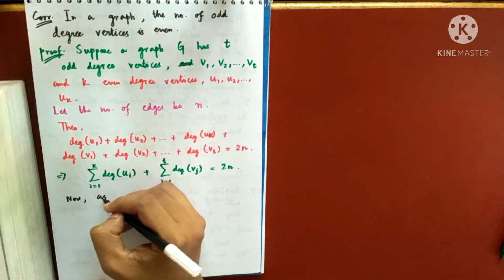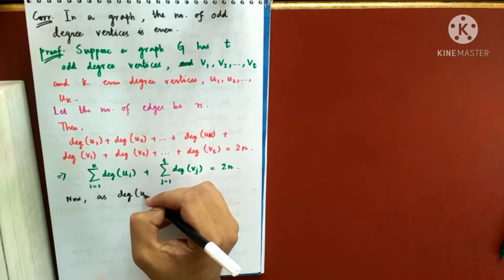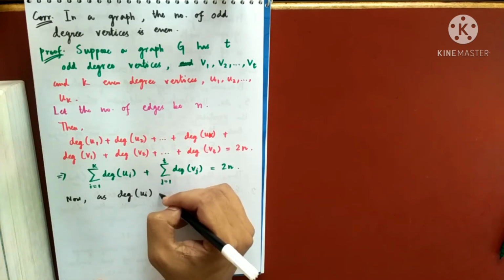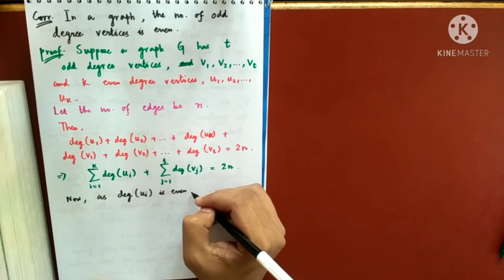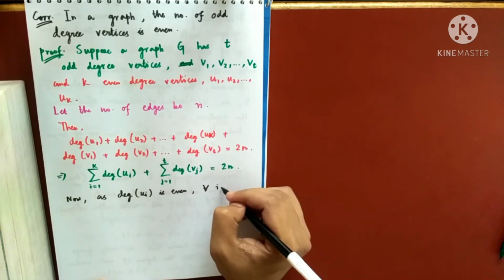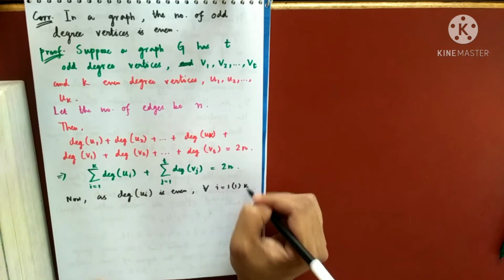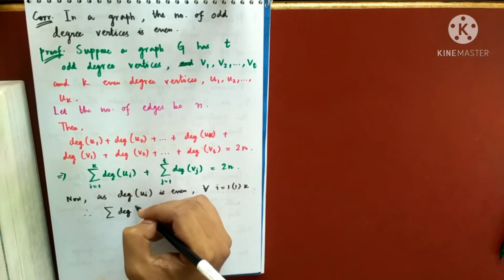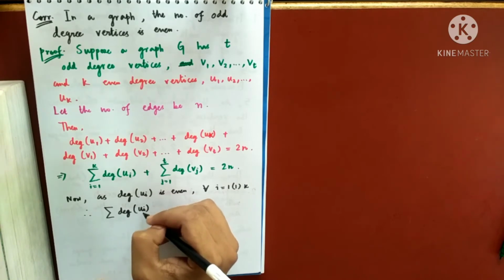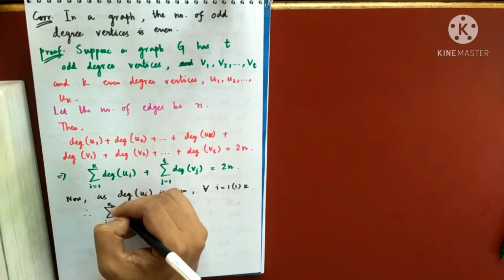So now, as degree of ui is even for all i running from 1 up to k, therefore this summation is even.